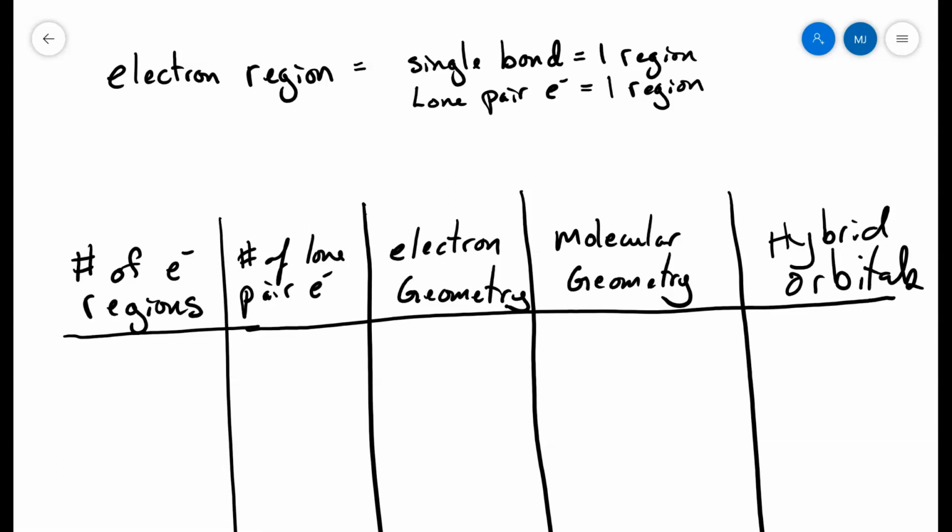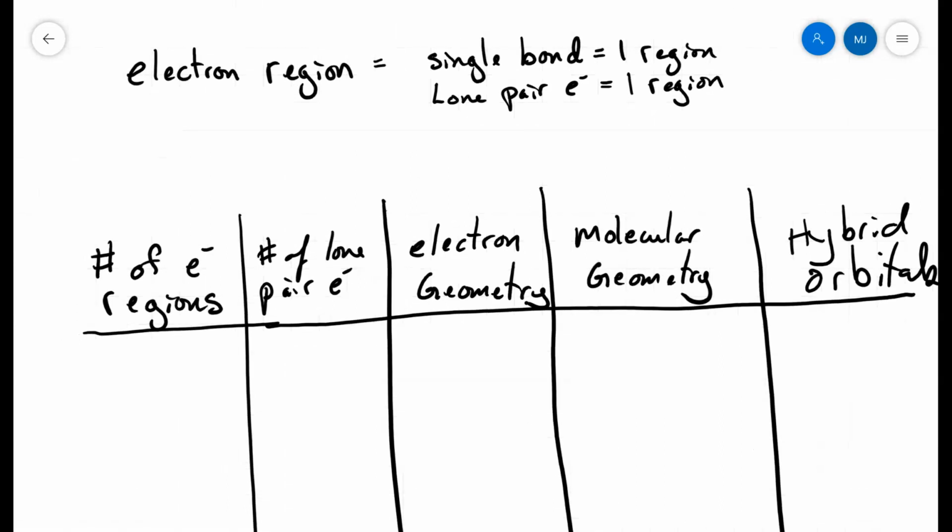So far, most people are pretty good with that. Where it gets, some people don't like this. A double bond is equal to one region. Now it has two bonds, but those bonds can't move away from each other. They're stuck in the same region.